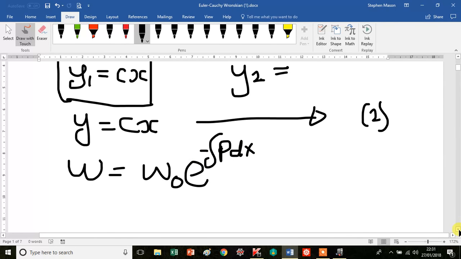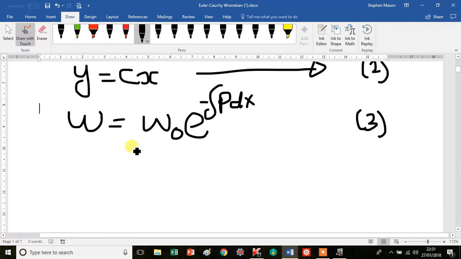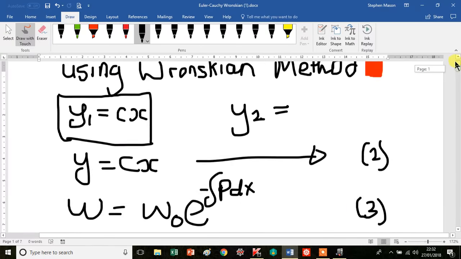But before I explain this, which I'll call equation 3, let's make that a little bit clearer.